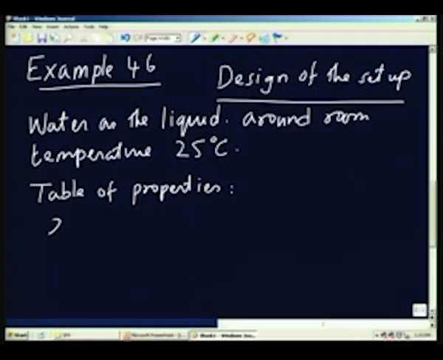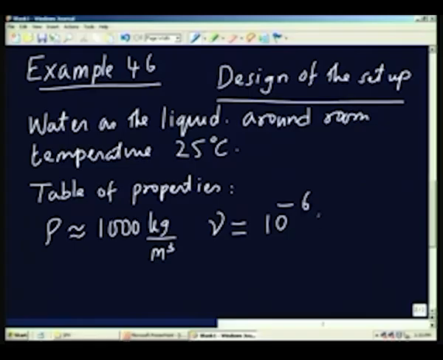I can assume that rho is typically 1000 kg per meter cube. This is the density of water, and then the viscosity, which is the kinematic viscosity, nu is about 10 to the power of minus 6 meter squared per second.